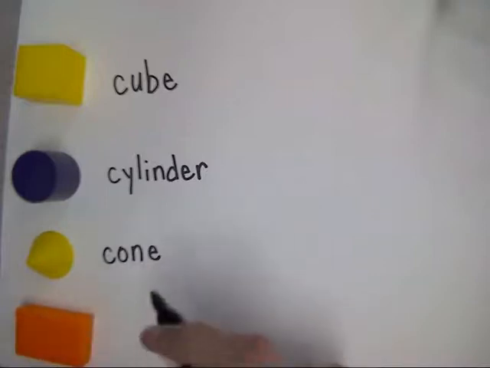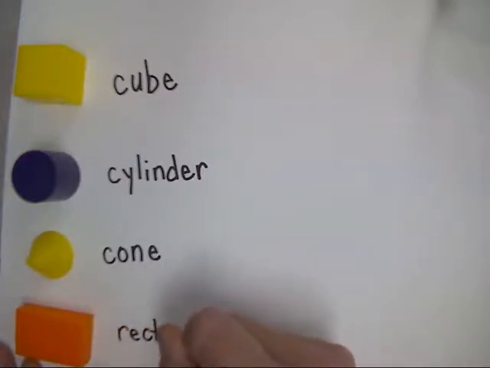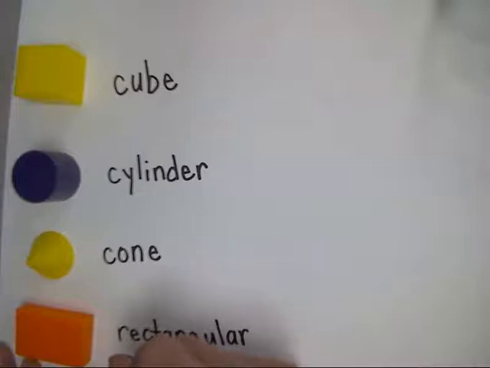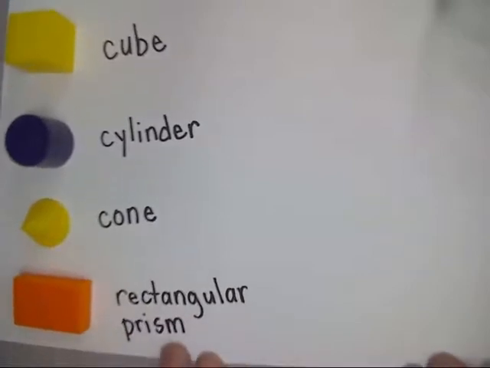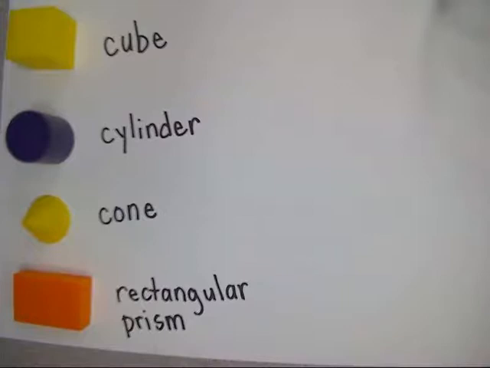This shape is called a rectangular prism. Let's label it. Can you say rectangular prism with me? Rectangular prism.